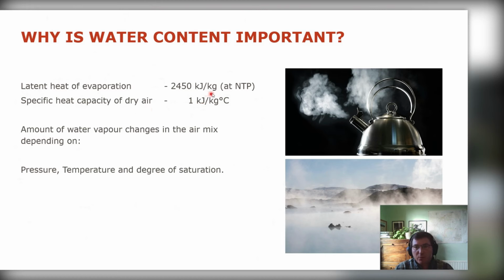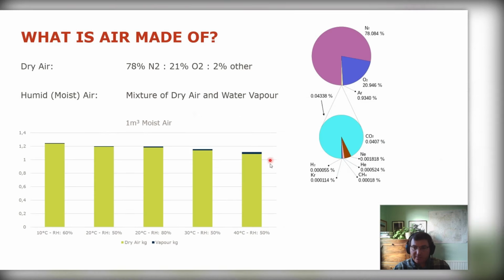However, to evaporate 1 kilogram of water would take us 2,450 kilojoules. So it's a lot more energy, as you can see. The point is, it's not so much that water itself has a very high specific heat capacity, although yes, it does have a higher heat capacity than air.